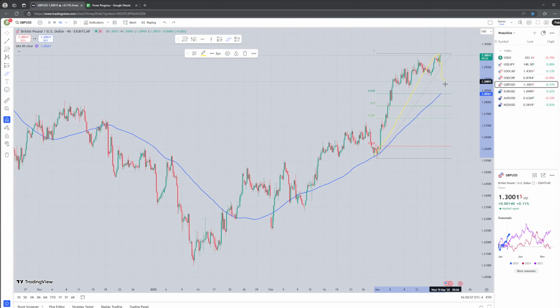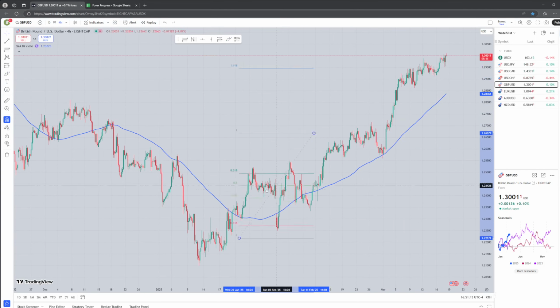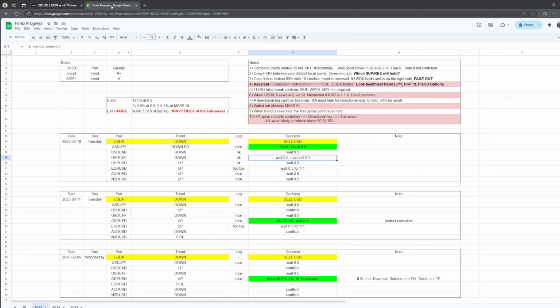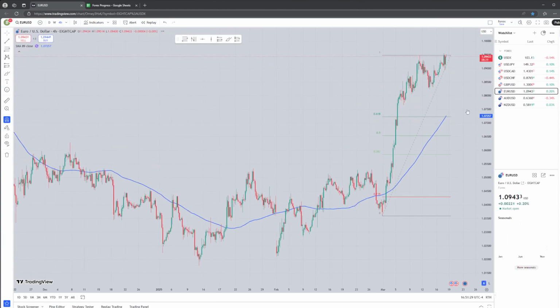So if the market retraces into the 50% zone here, then it would be a really nice trade opportunity for a risk and reward ratio 1-to-1 trade. So until that, we're gonna wait. The leg size just seems a little bit big, but it's doable. Pound USD trend is up, leg size is okay. Our decision is to wait for the 50% retracement.